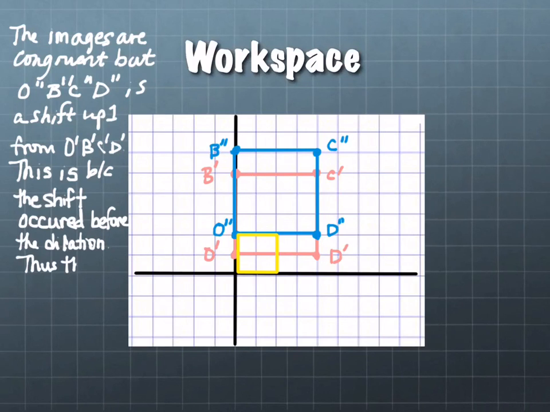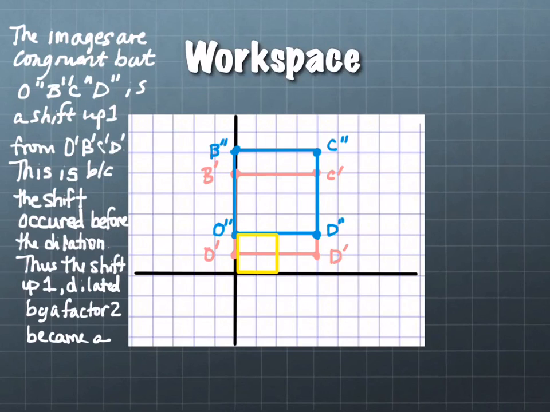Thus, the shift up 1 dilated by a factor 2 became a shift up 2.